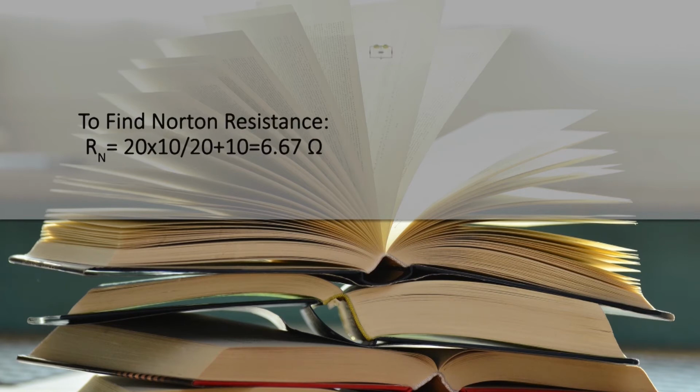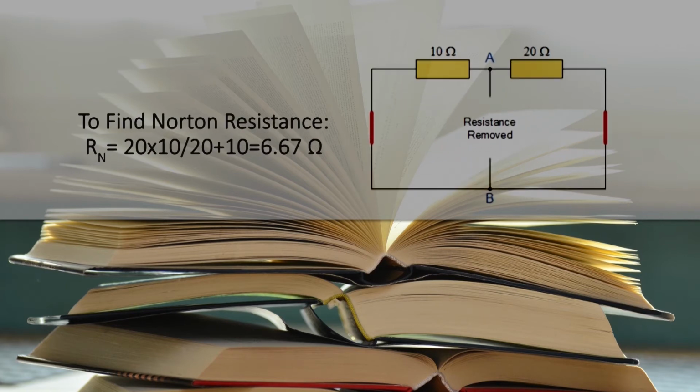So how to calculate the Norton equivalent resistance? The Norton equivalent resistance is the resistance looking from the two terminals into a network while all independent energy sources are replaced by their internal resistance. So in this circuit there are two independent voltage sources. That means these two voltage sources are replaced by their internal resistance.